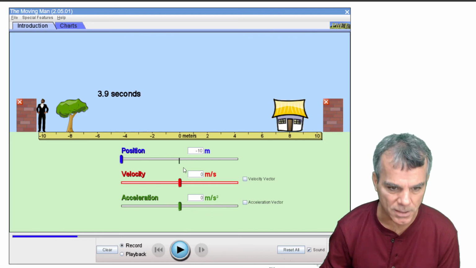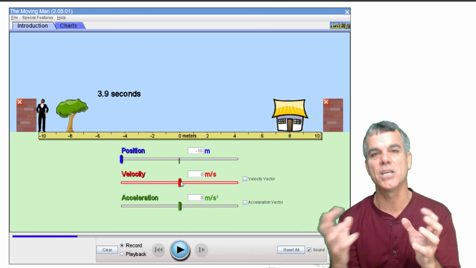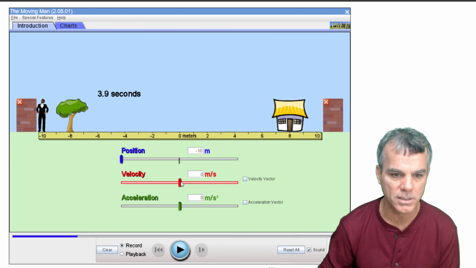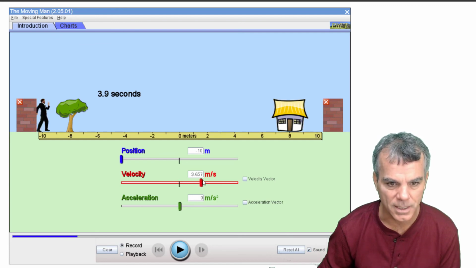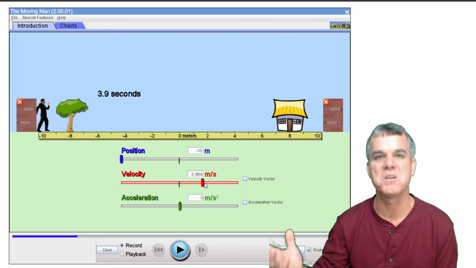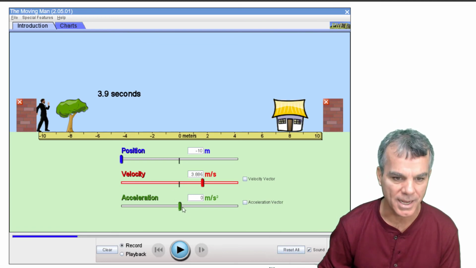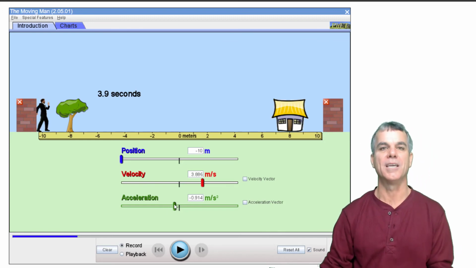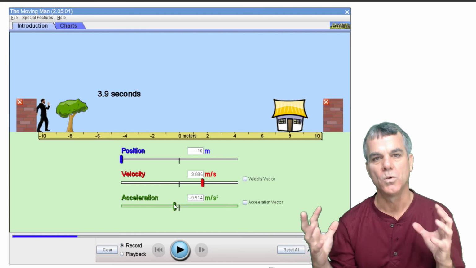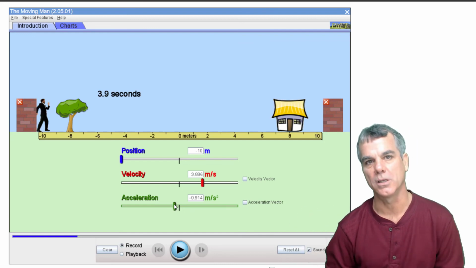Well, what happens if I start off with an initial position of negative 10 meters, an initial velocity of about 3.9 meters per second, and an acceleration of about negative 0.9 meters per second squared? What is this motion going to look like?